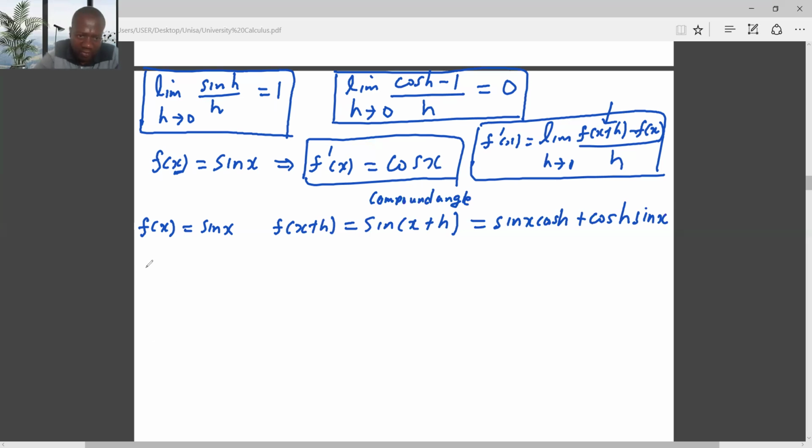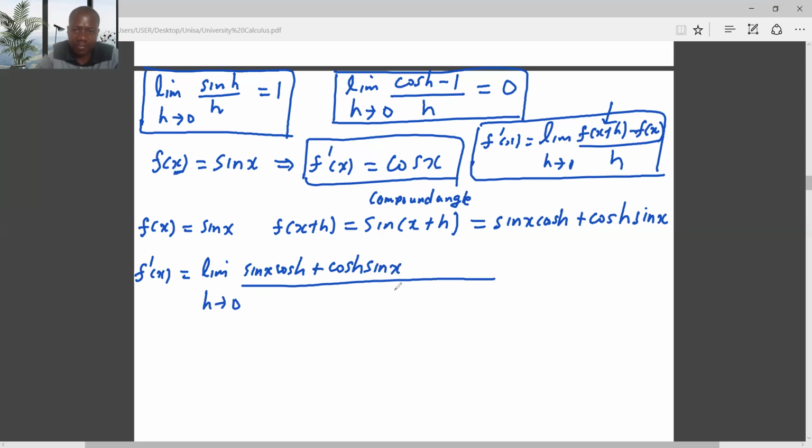So now we're going to write the definition. f prime x is the limit when h approaches 0. But now, what is our f of x plus h? It is this one, so I'm going to plug in sine x cos h plus cos x sine h.